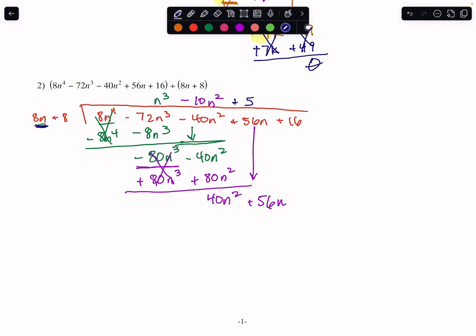So, 5n times 8n is 40n squared. 5n times 8 is 40n. Change the signs. These will cancel. 56n minus 40n is going to leave us with 16n. That's going to come down.